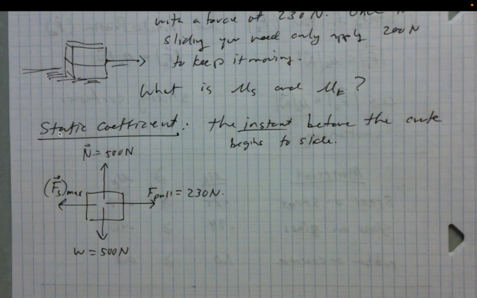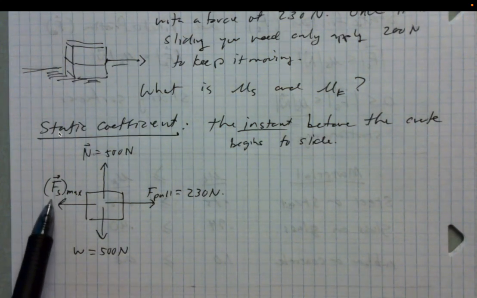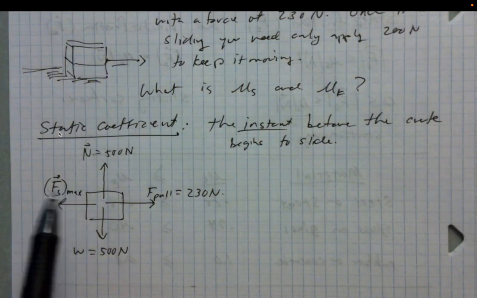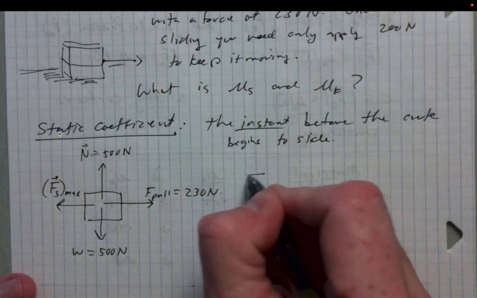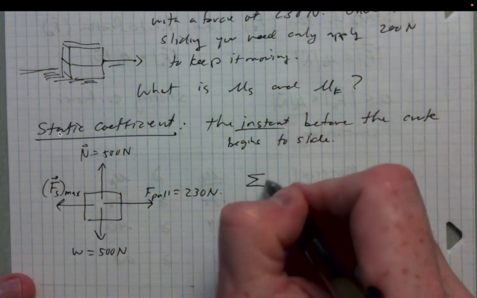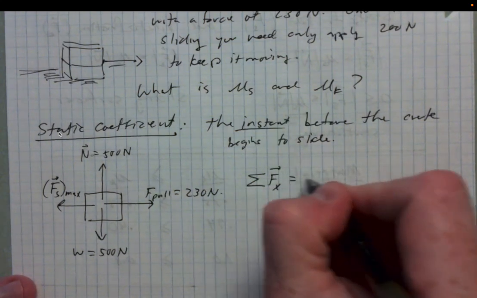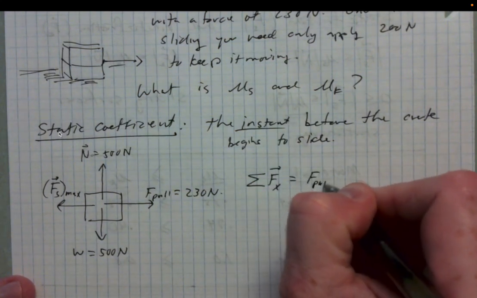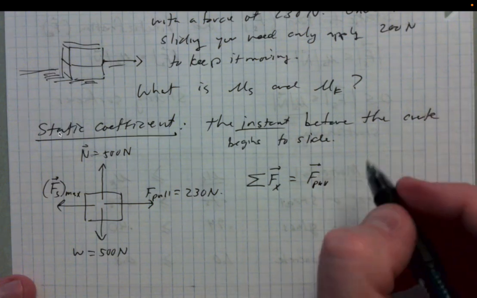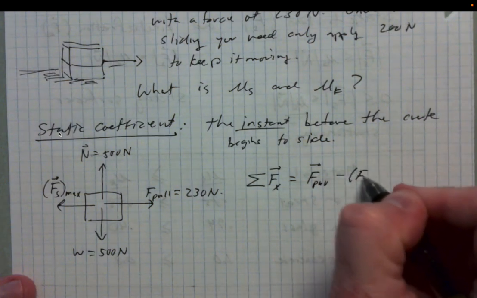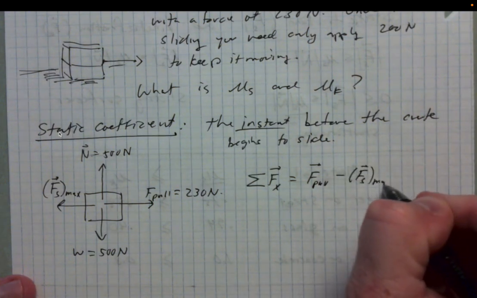Now, we're interested in the horizontal motion. We're trying to figure out what the coefficient of static friction is. So we're going to be looking at the forces in the x direction here. So what are those forces? Well, you've got the pull, and you've got the static friction max value.